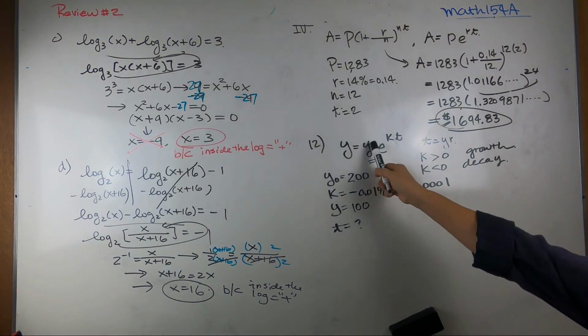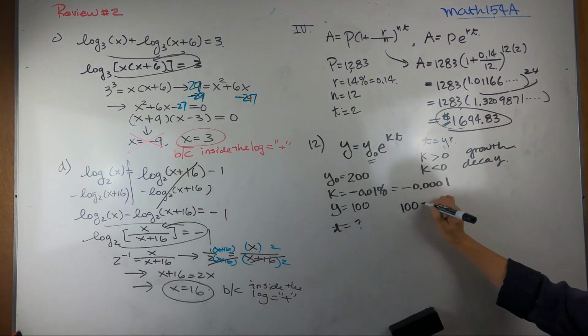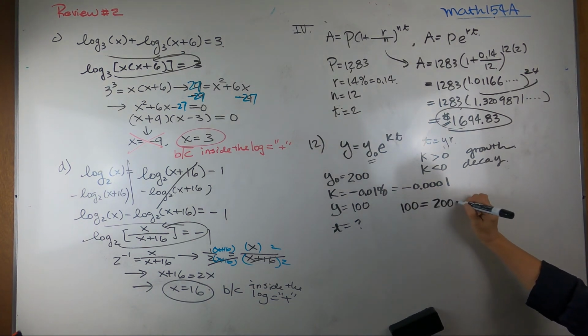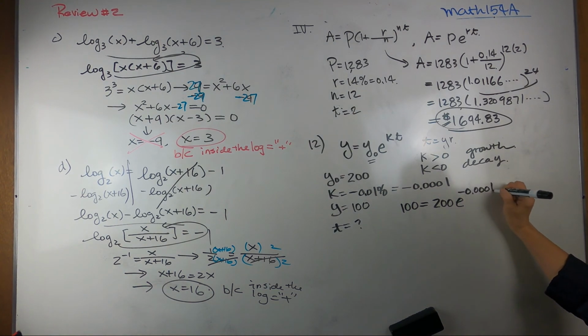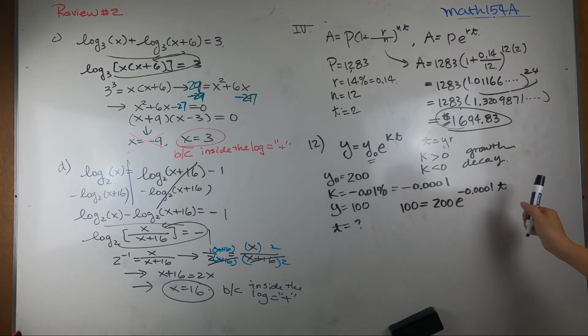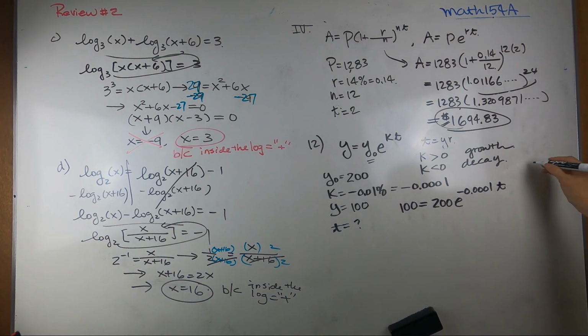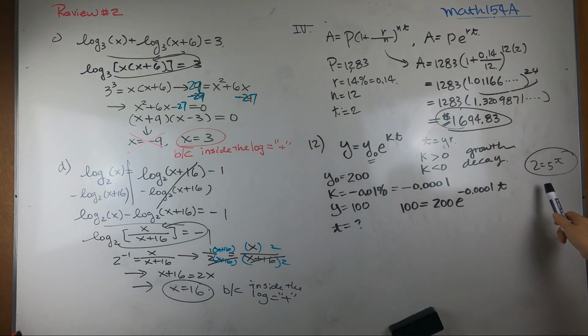So you just plug this number into your formula. That would be 100 equals 200e to the negative 0.0001t. T is your variable, right? To solve a situation like this, an exponential function, you have to get the base and power by itself.